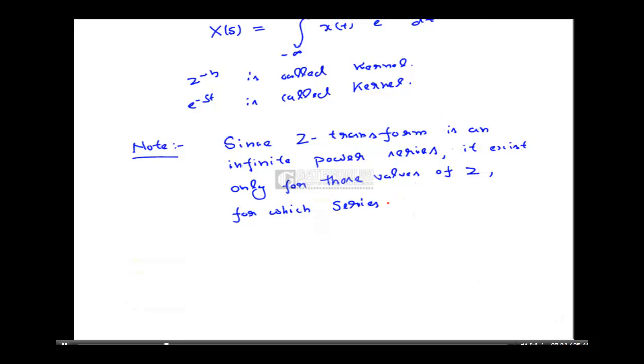So these values of Z will be called the region of convergence. Whatever values of Z satisfy this and make the series converge, those values are present in the region of convergence.